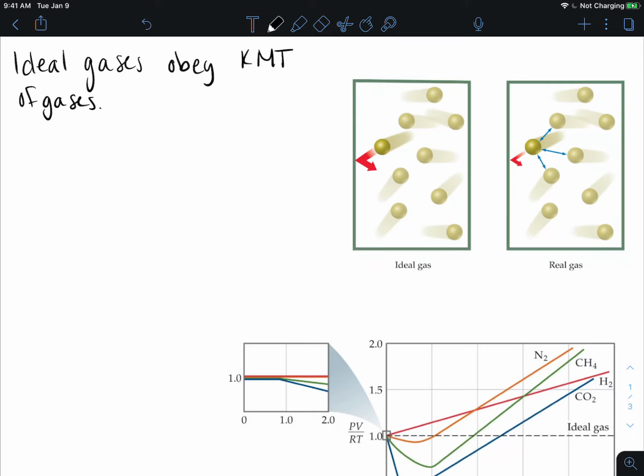In our kinetic molecular theory, the gas particles themselves don't occupy any volume, all our collisions are elastic, and there are no attractive or repulsive forces. Now, if we have a gas at very low pressures or high temperatures, it will behave ideally.